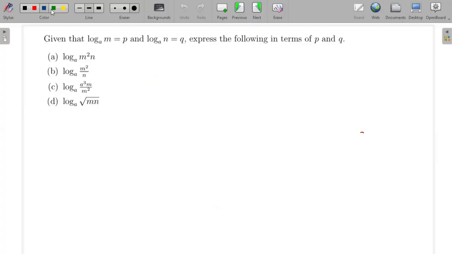The next part is telling us that, given log a of m, this is what we must remember: we're just applying the laws of logs which we have already looked at. First of all, when you have two of the same base multiplying like this, we can separate this as log base a of b plus log base a of c.